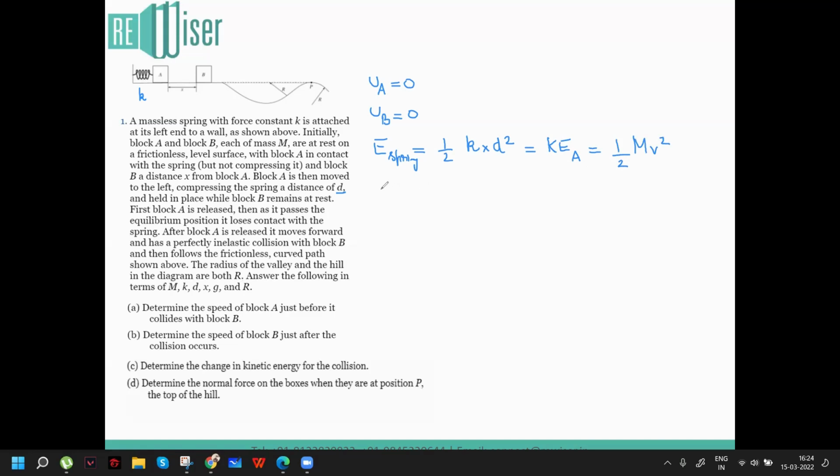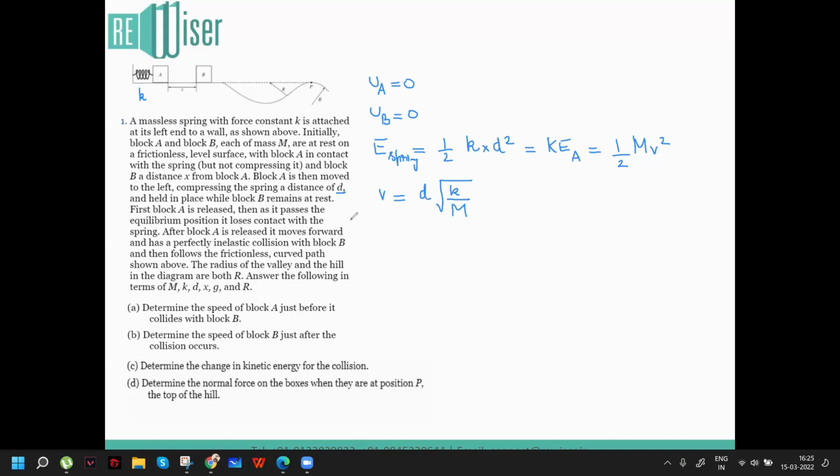Simplifying the two expressions equated, we get the value of V to be equal to d root k divided by M. This answers part A of our question.